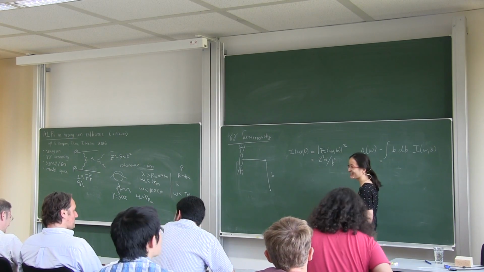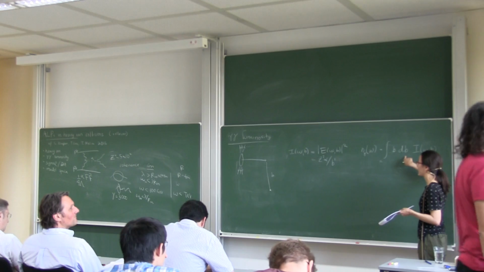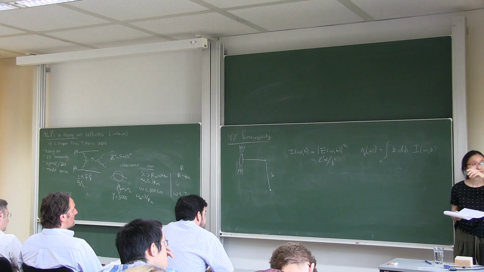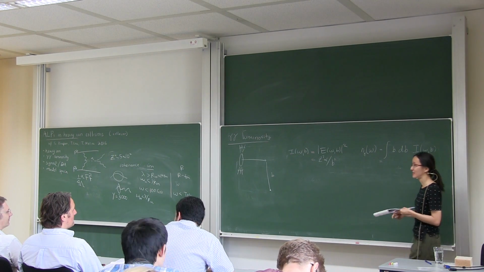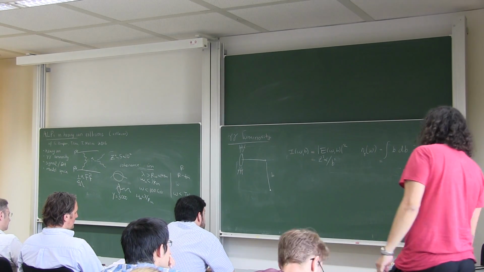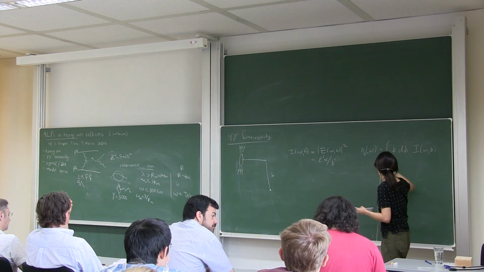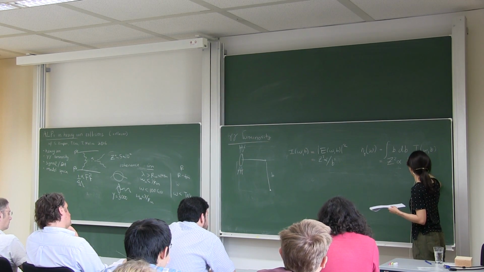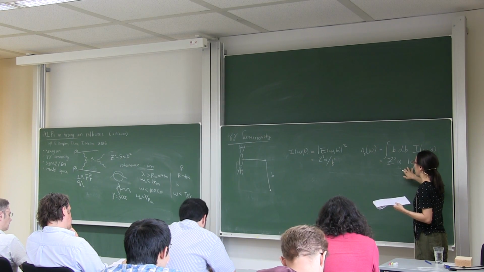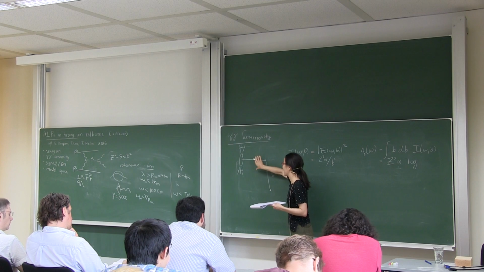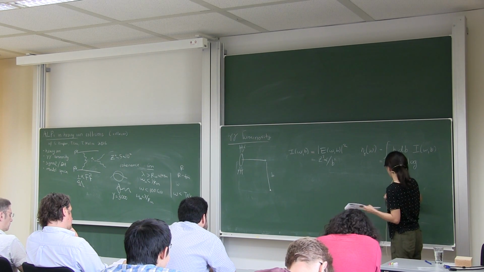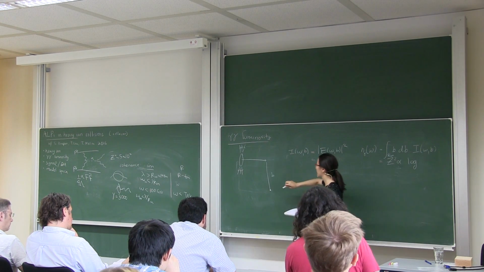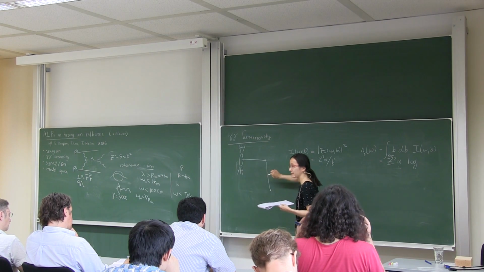I argued that's constant, and now I want to integrate over all impact parameters to get a photon PDF effectively. I can do this integral. It's just a log, so again, everything's very simple. I just have the Z squared, the alpha, and some log. And the piece where I account for the fact that this is a heavy ion and not a point mass is that I want to take a minimum impact parameter, which is given by the ion radius. So I don't want to look at impact parameters such that I lose coherence.